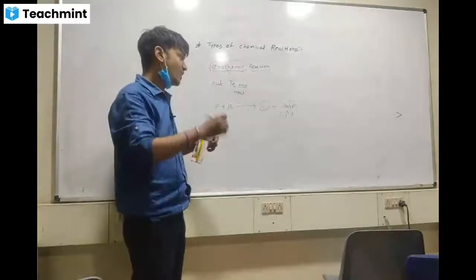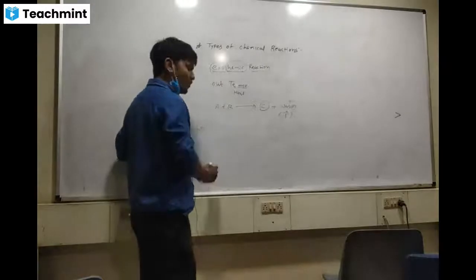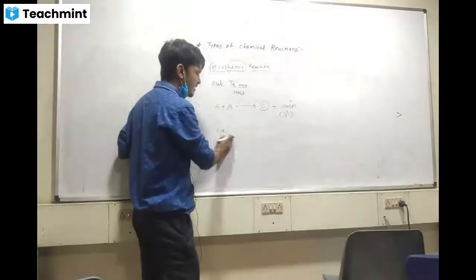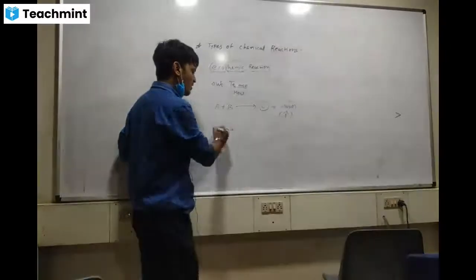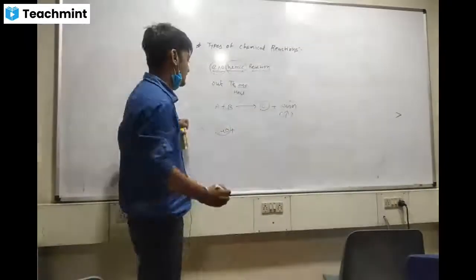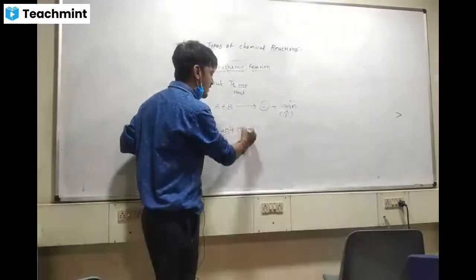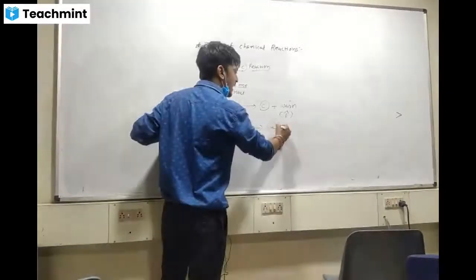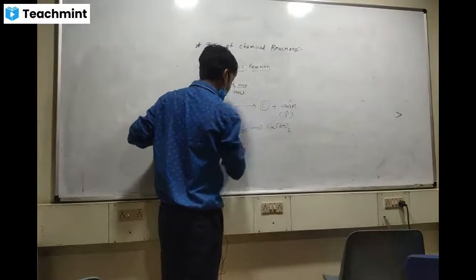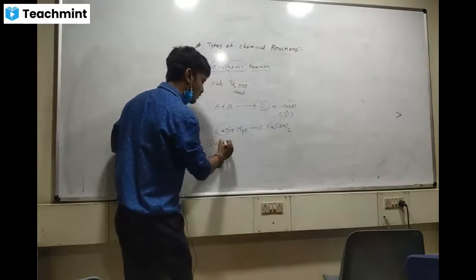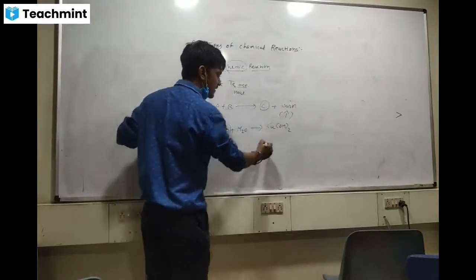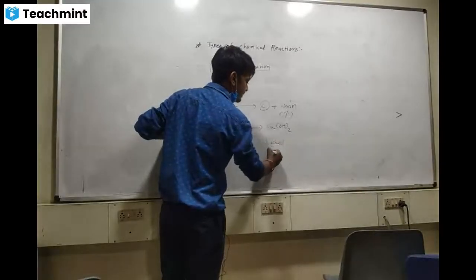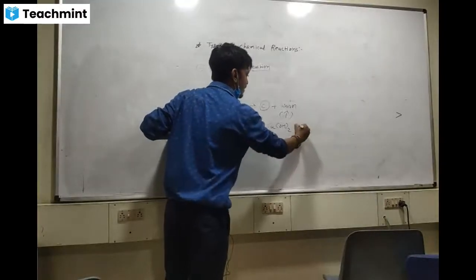Okay, the best example is, you already know, quicklime, that is CaO. When you mix quicklime and water, it forms calcium hydroxide. This one is our quicklime, this one is our slaked lime.